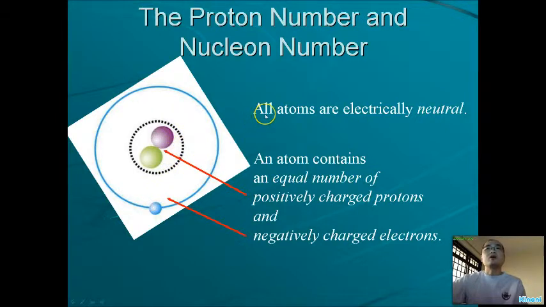Now this is because all atoms are electrically neutral. Neutral means it is not positive, it is not negative, it is neutral. So an atom must contain an equal number of positively charged protons as well as negatively charged electrons. So in this case, I have one proton here, therefore I must only have one electron, no more, no less.